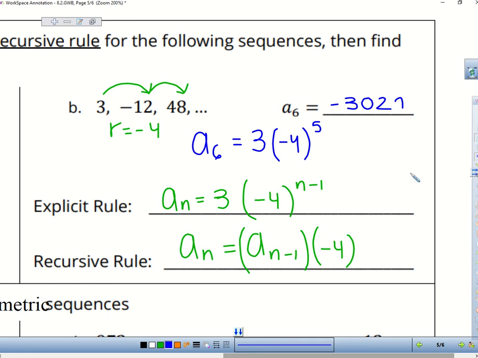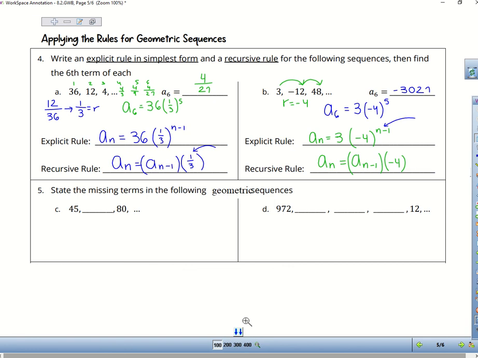Any questions? It's 73. It's n minus 1, so it'll be 6 minus 1. What are we trying to find? A of 6. Oh, you see it? Yep. Oh, it's 72?